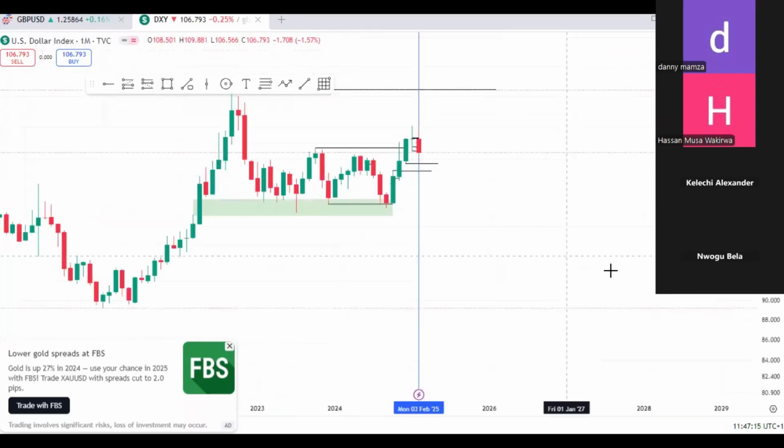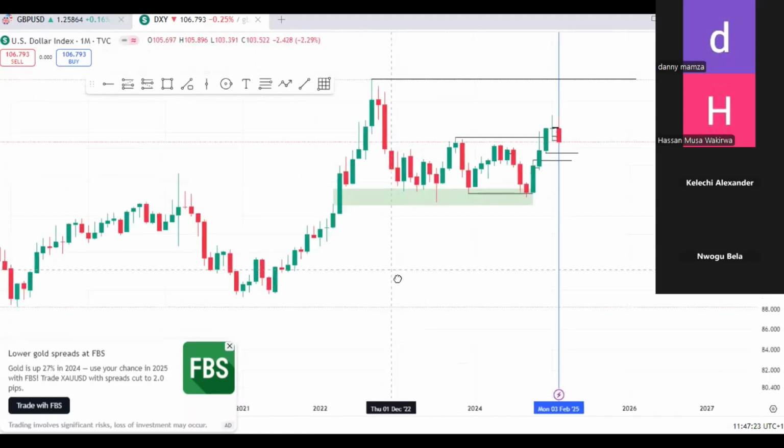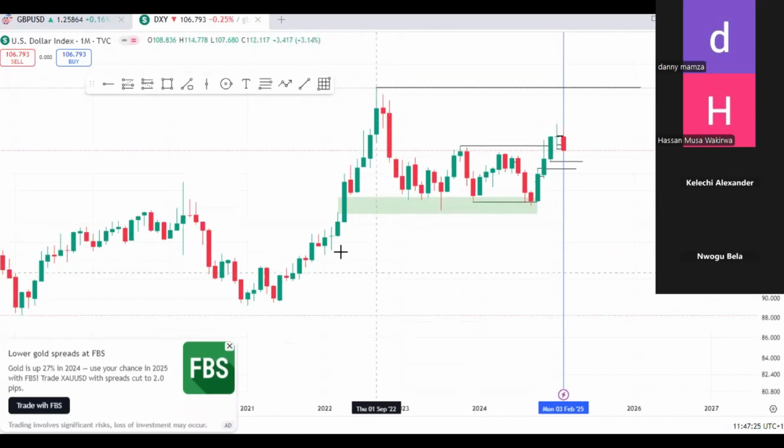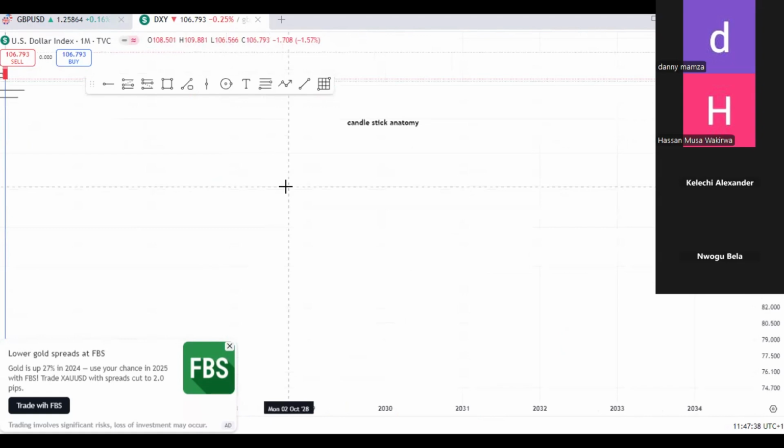So that is having an understanding of how these candles are formed. This is a monthly time frame, but right now we're not actually focused on the time frame. What we want to look at is how it opens, how it moves, the top, the bottom, and how it closes. So let me start with a bullish candle now.